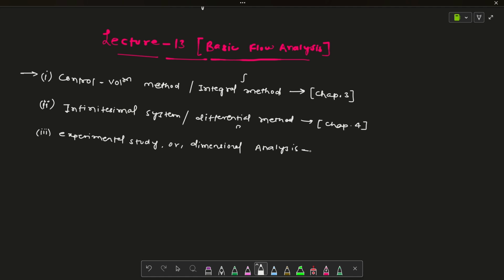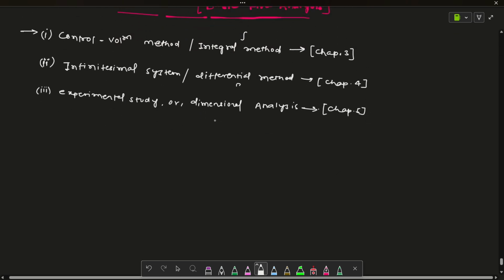We are going to do dimensional analysis: we will take pre-recorded data, do dimensional analysis, and then analyze our problem. We will discuss this in chapter 5. I have planned these things accordingly, and I'm just telling you so you can prepare.